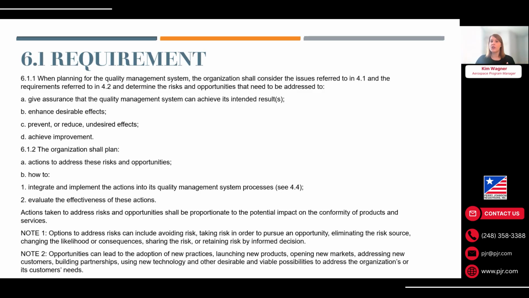Now, 4.1 is what talks about the context of your organization, considering internal and external issues that may affect your organization, and the requirements referred to in 4.2, which talks about the interested parties of your organization, those parties that could affect your organization or that your organization could affect, and determine the risks and opportunities that need to be addressed. So again, this section is talking about the risks you encounter when planning for your entire quality management system. It's looking at these higher level organizational risks.